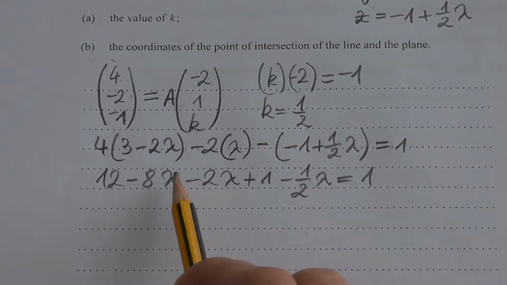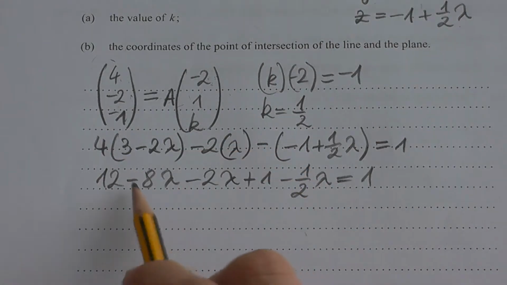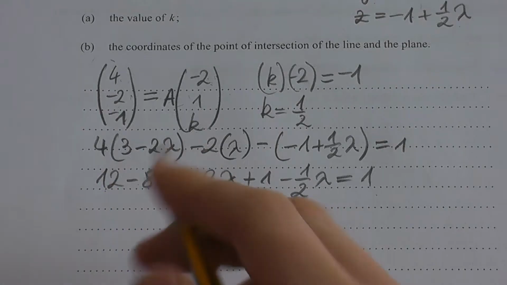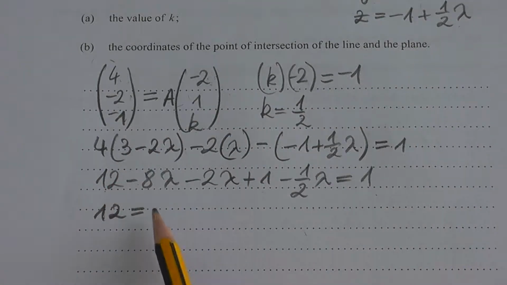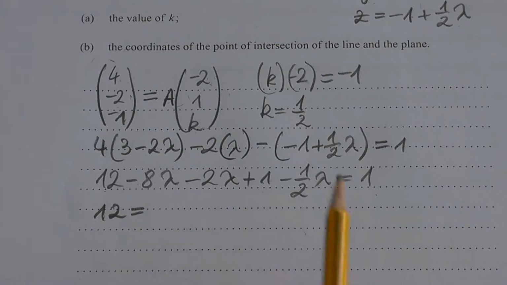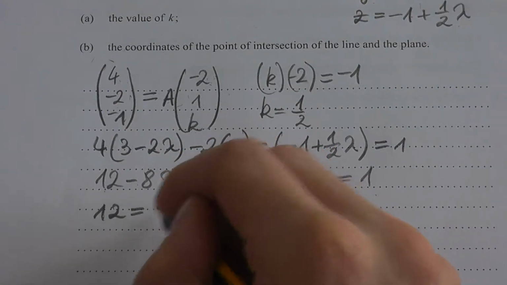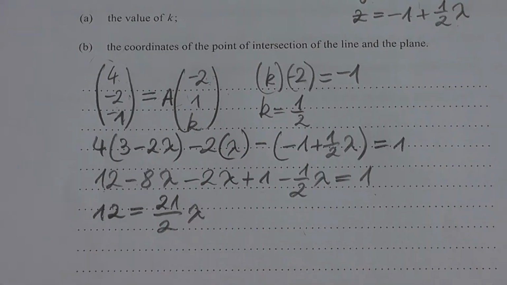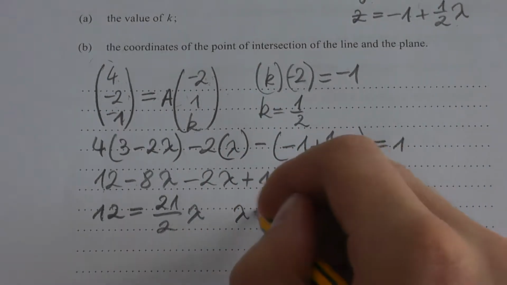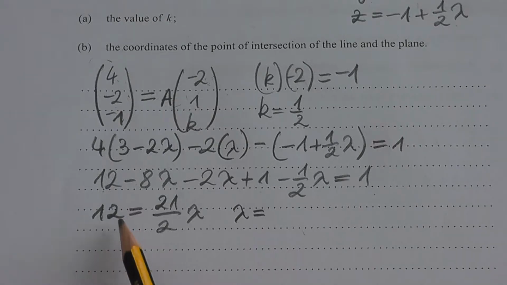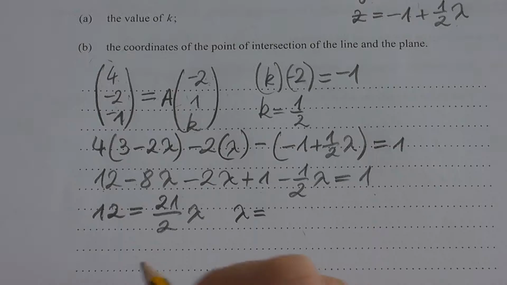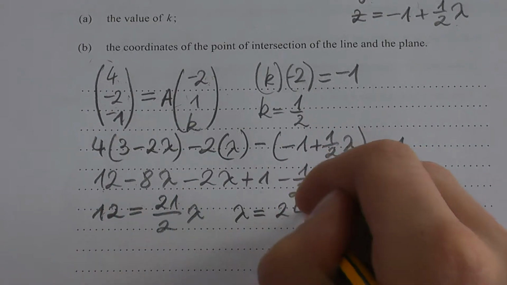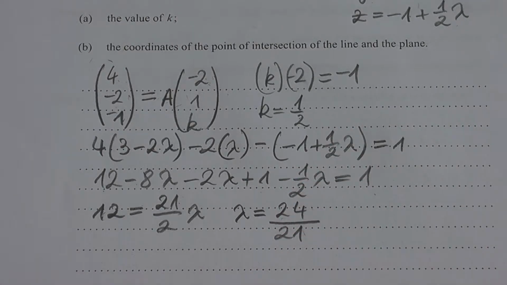And when we clean this up a little bit, we get that 12, because the ones cancel, 12 is equal to 10.5 lambda, or you can rewrite that as 21 over 2 lambda. Hence, lambda is equal to 12 divided by 10.5, or 12 divided by 21 over 2, you get 12 times 2 divided by 21, which is of course 24 over 21.